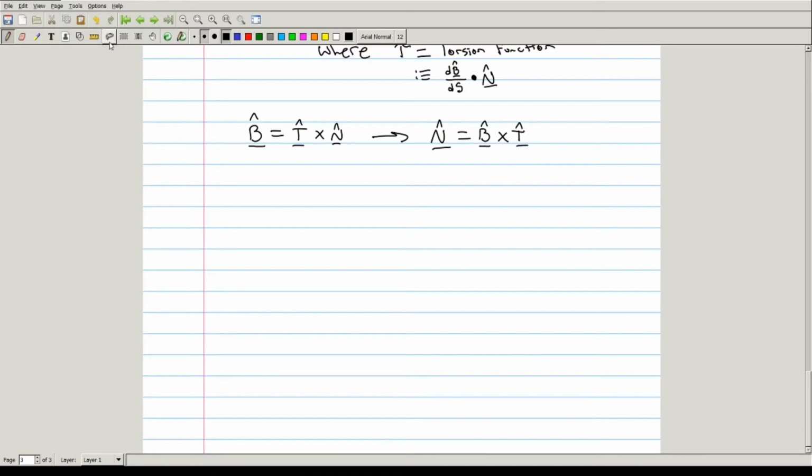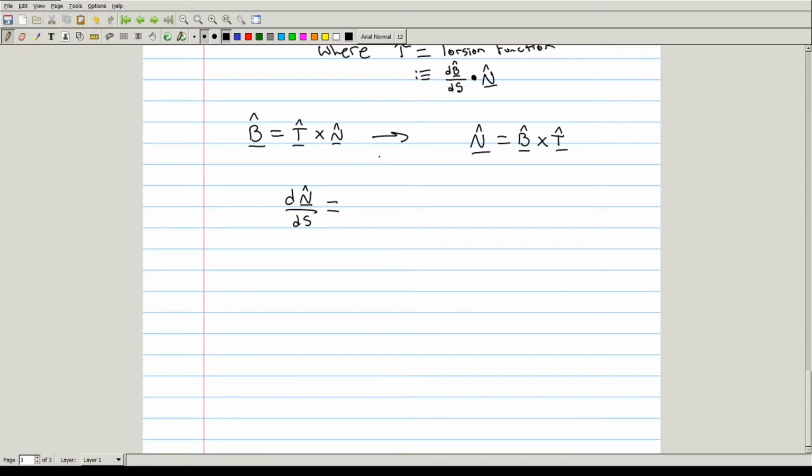This is from our properties of the cross product chapter. And we can use this very nice fact to obtain the last equation, the second Frenet formula, which is the expression for the derivative of this normal vector with respect to arc length along the curve.